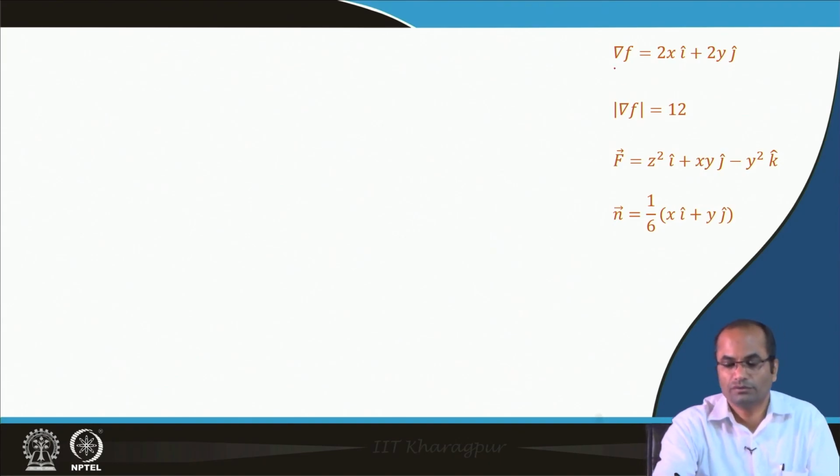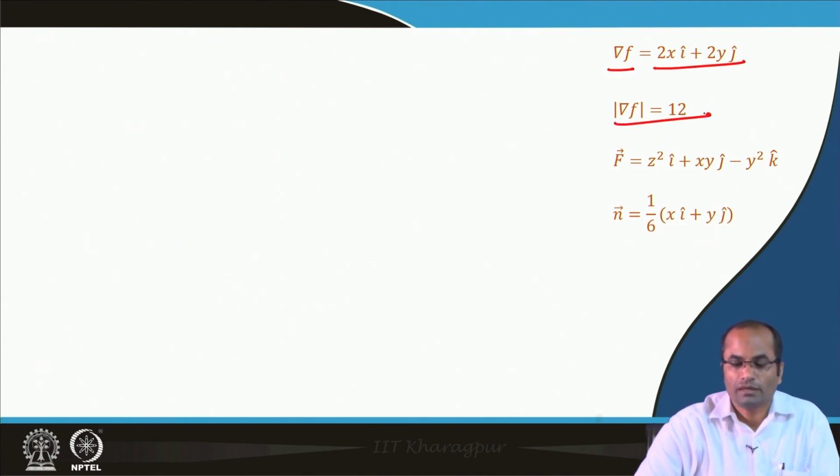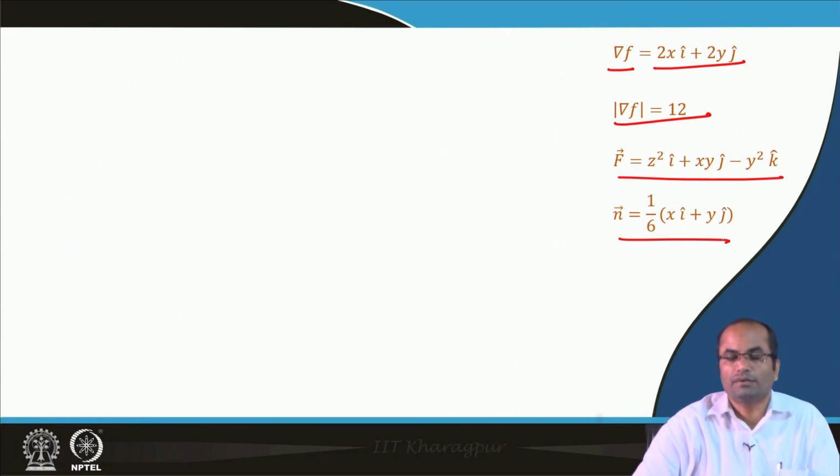To summarize, first the grad f we have evaluated, that is 2xi plus 2yj, its magnitude is 12, the given f is there, and the unit normal vector we have now is 1 over 6 times xi plus yj.